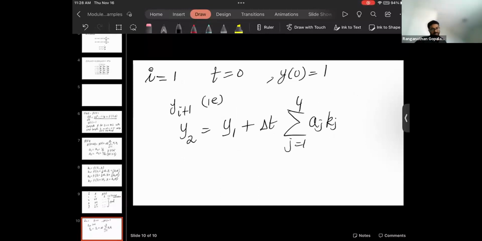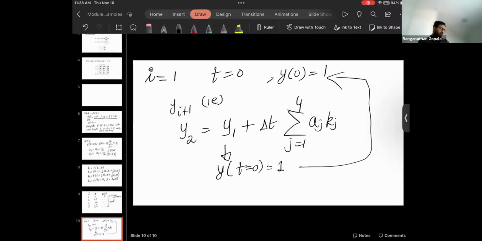I'll write it out like this only for the first iteration, and then by the time we will be able to use the Excel sheet. So just for some time, it will be a little detailed. So y1 is known. This is nothing but y at t equal to 0, which is 1.